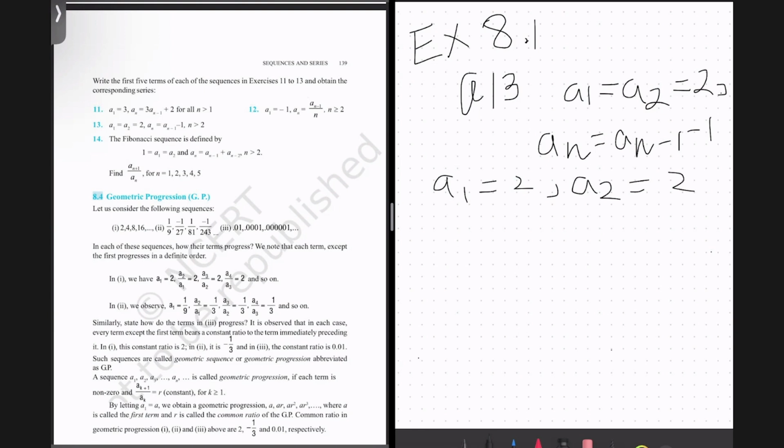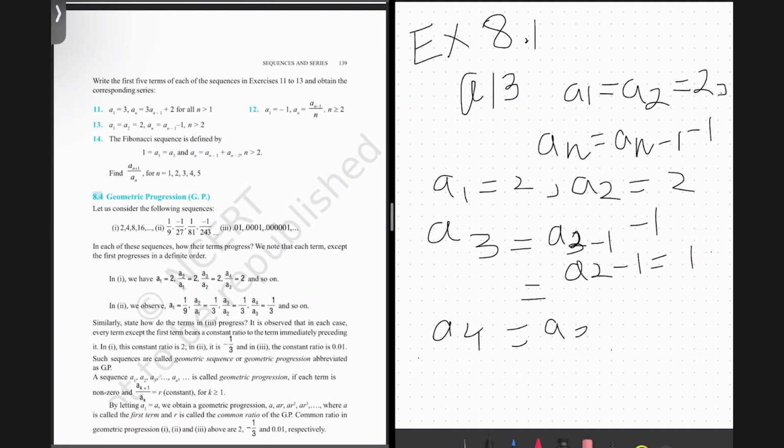For the third term, we have a of 3 equals a of 2 minus 1, and that is nothing but 1. Correct? Because a of 2 was 2, so 2 minus 1 is 1. For a of 4, I have a of 3 minus 1.